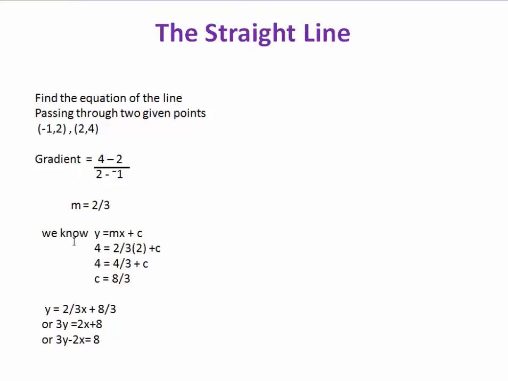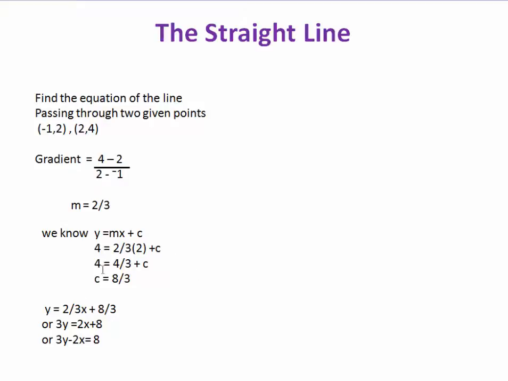Now we know that the general equation is y equals mx plus c. So choose one of these points and plug it into our general equation. So we're going to use this point. This is x, this is y, remember. So 4, which is here, equals 2/3, which is our m, multiplied by x, which is 2, plus c.